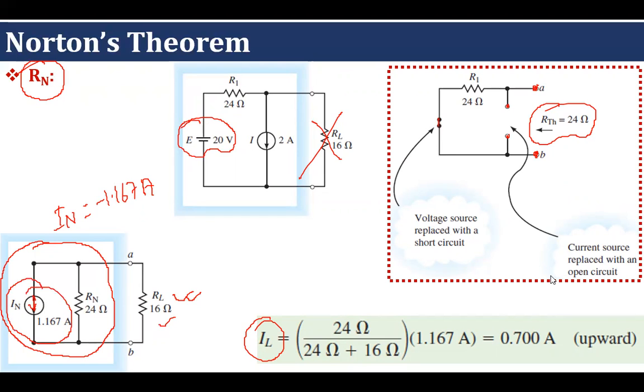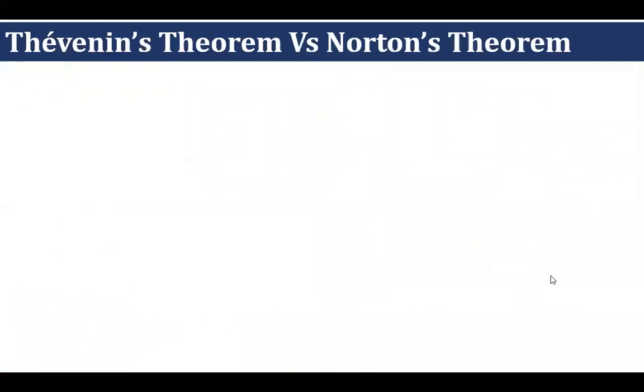So we have to find out the current through this resistor. At the top write this one, then add both the resistors and multiply with the current value. So this is going to be equal to 0.7, and the direction of this current will be upward. In this way we can easily solve Norton equivalent circuit based numericals.